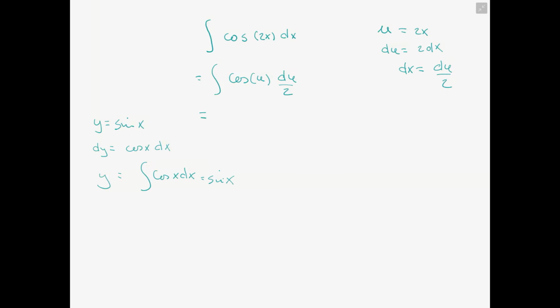So we have sine u times 1/2 plus c, and we can draw a box around this, equals 1/2 sine 2x plus c. And there we go. That's correct.